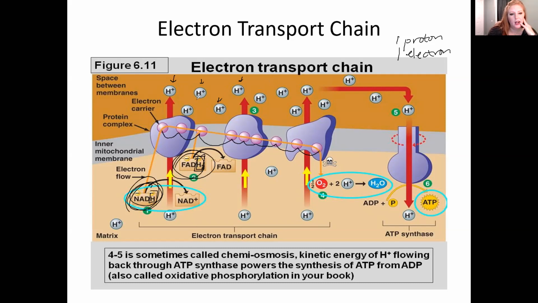This is the inner membrane, like it says right here. Up here would be the outer membrane, and this is the space in between them. So we've got hydrogen protons being pumped from inside the inner membrane to the space between the membranes.